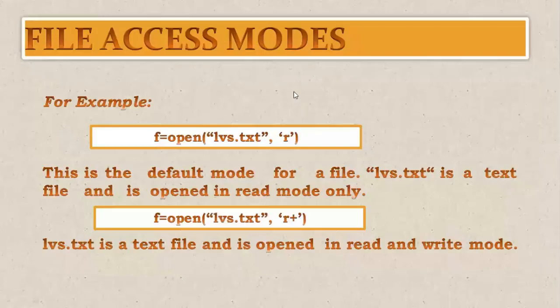This I have already informed you. We have seen yesterday also how to use the mode of a function, how to open a file. To open a file, we have to utilize the open function, in which you have to write the name of the file and the mode. I would like to open the file lvs.txt in read mode. So I have written f is equal to open lvs.txt.